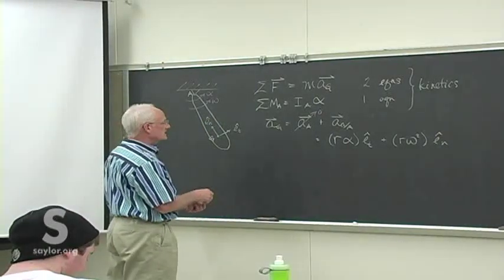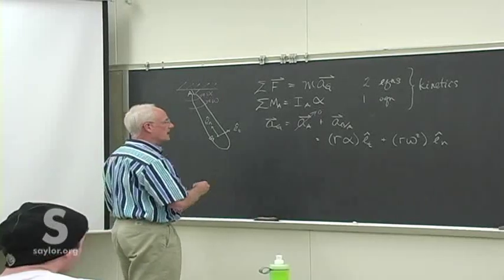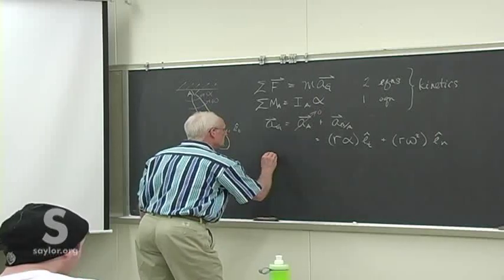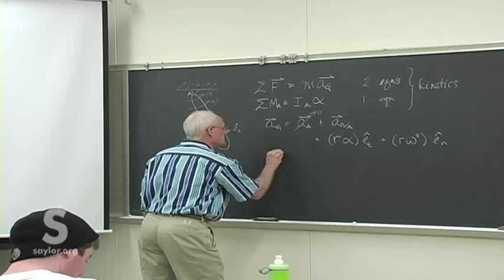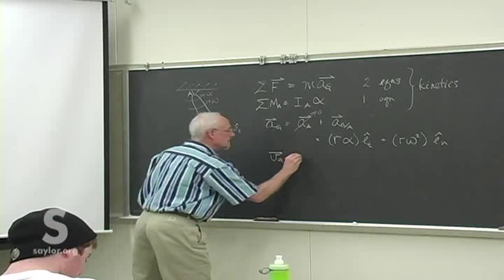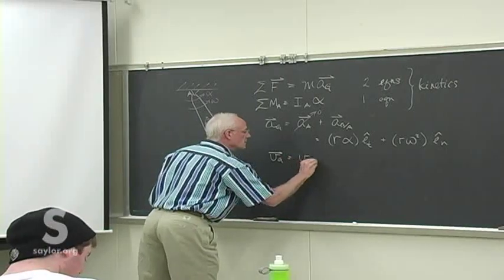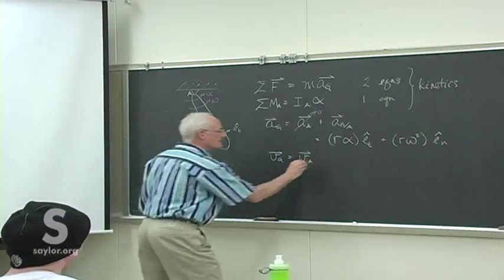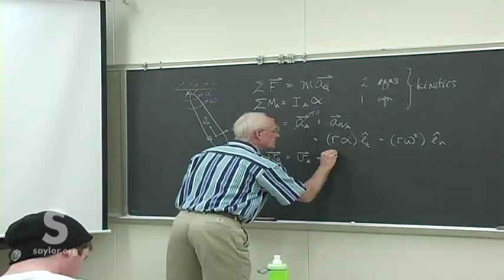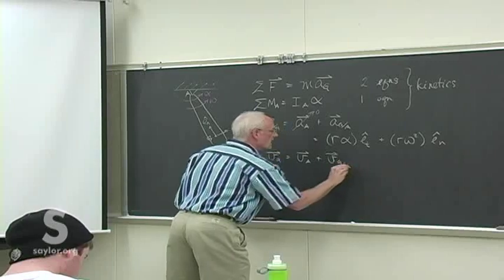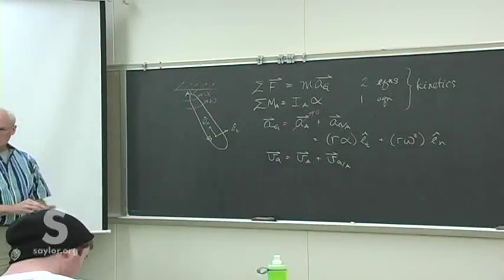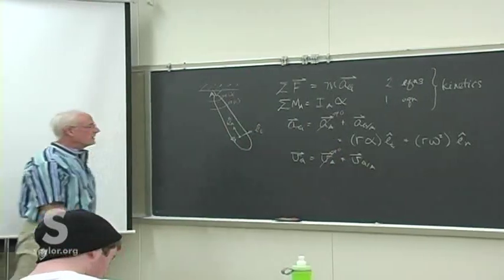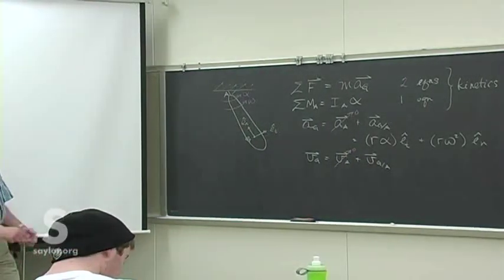And typically, depending on the problem, that could count as either one or two equations. And then the other kinematic piece we can bring in has to do with the velocity, which is also dependent upon the velocity of point A and the velocity of G relative to A, just as we looked at the week before. But in pure rotational motion, point A is not moving.